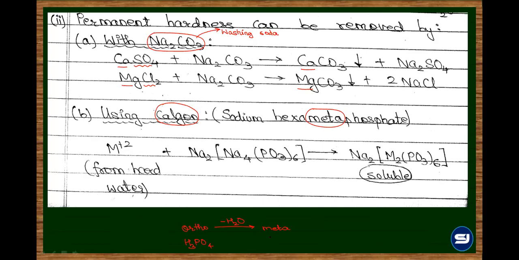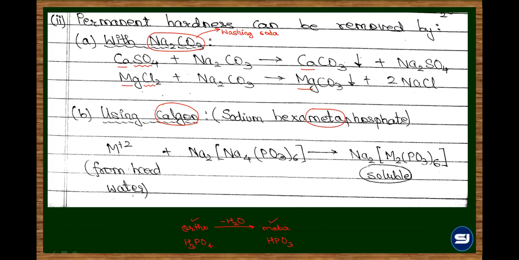Remove the water, then what formula do you get? HPO3. So this is called metaphosphoric acid. Orthophosphoric acid minus water gives you metaphosphoric acid.